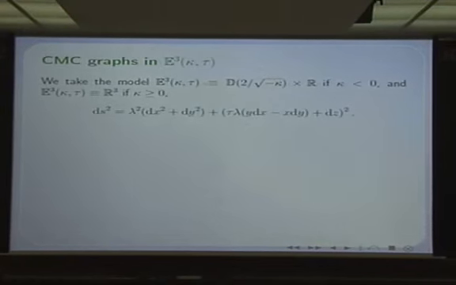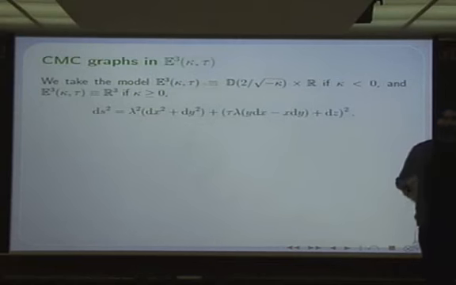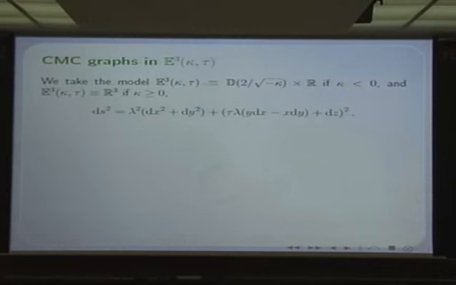Let me say that for the case of CMC graphs, if you see the CMC condition as a graph, you have an elliptic PDE, in general in divergence form, well, not in this case in divergence form. You have an elliptic CMC equation. So how can you do this? You take the model for the space, as Benoit said in the first talk.